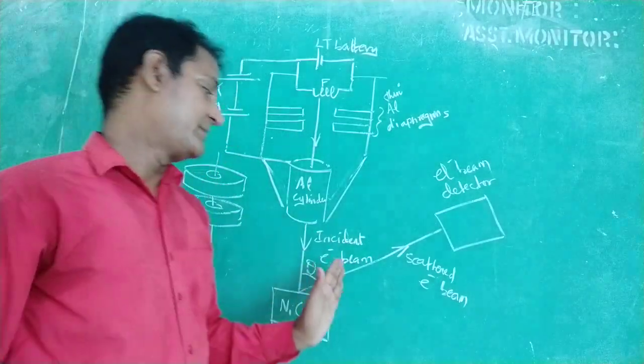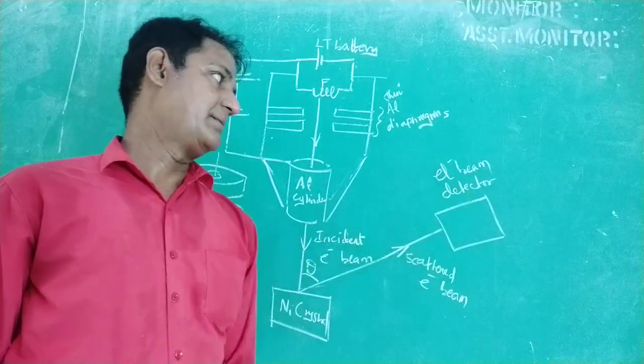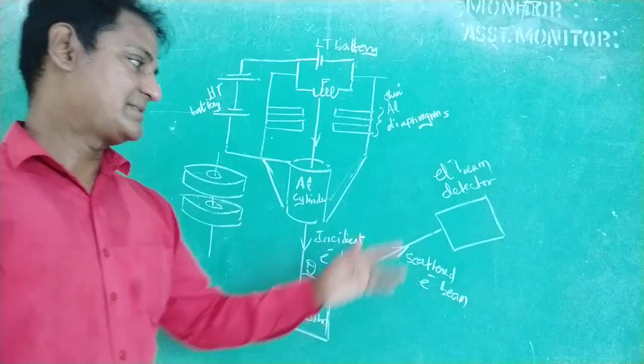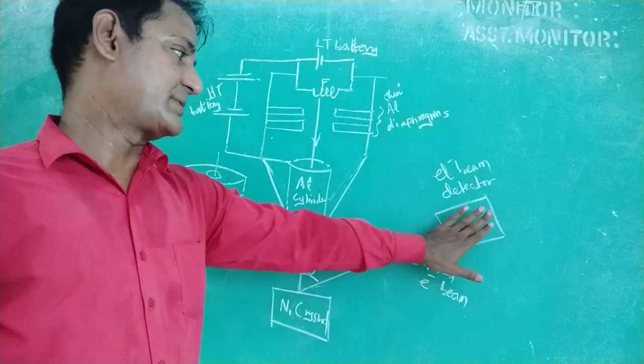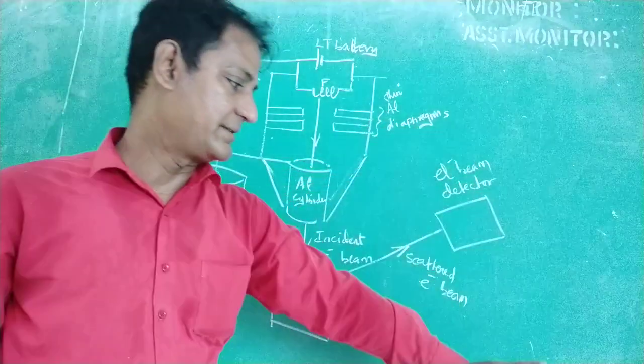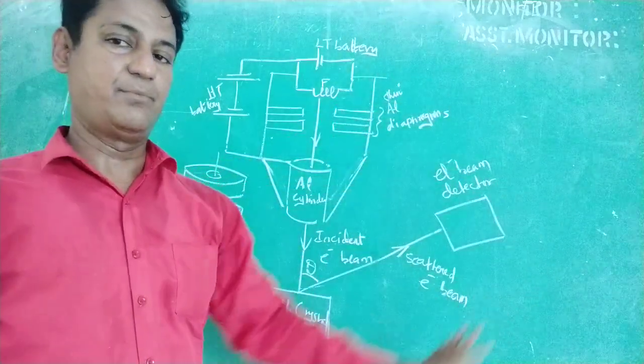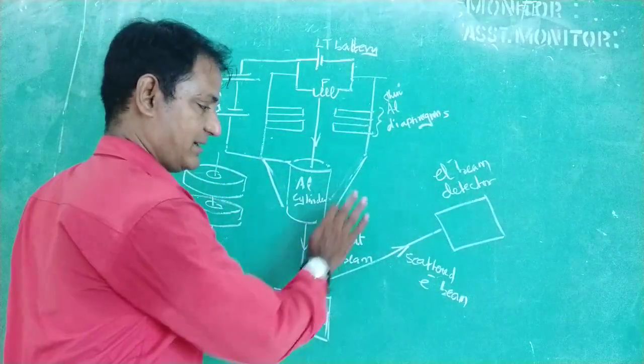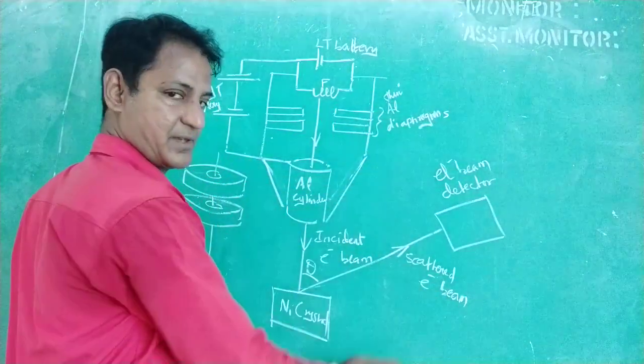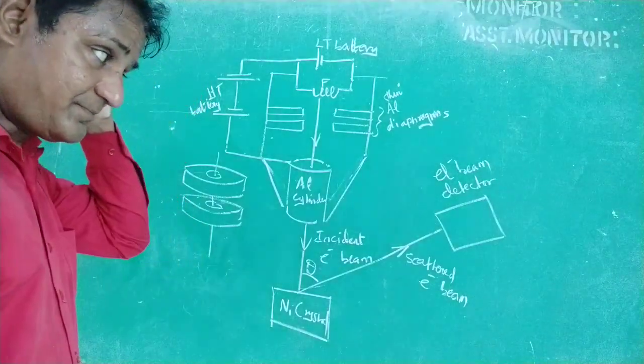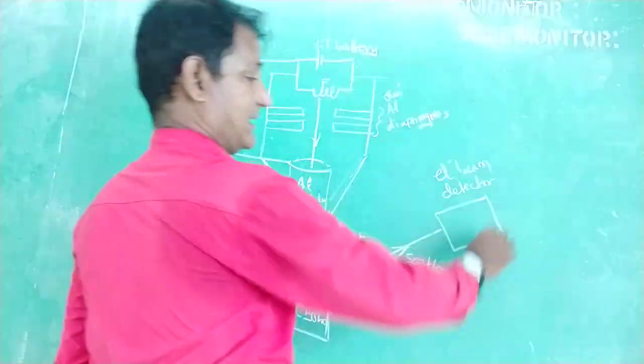That will be collected by the beam detector. This detector moves like this on this plane of the board, so the angle theta can be changed.